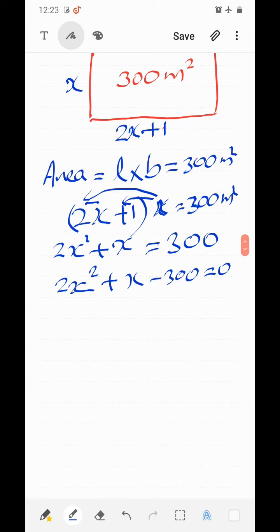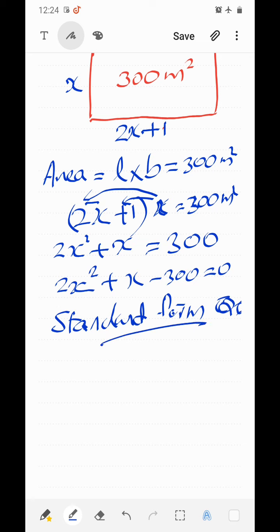Okay, now we are going to discuss the standard form of quadratic equations. Okay, what is a standard form?